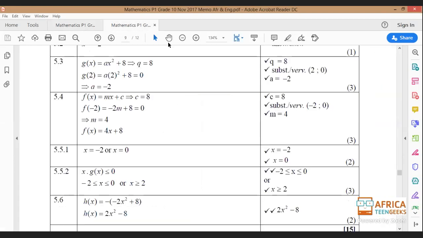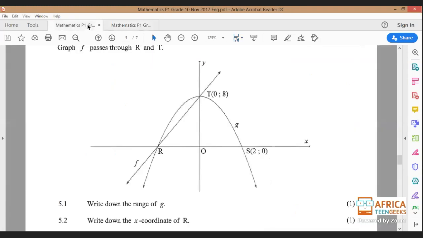So the negative we inserted affects your value of a, which is negative 2, so it becomes plus 2. This outside negative also affects the value of q, which becomes negative 8. So your new graph will be h of x equals 2x squared minus 8. I hope everything is making sense.